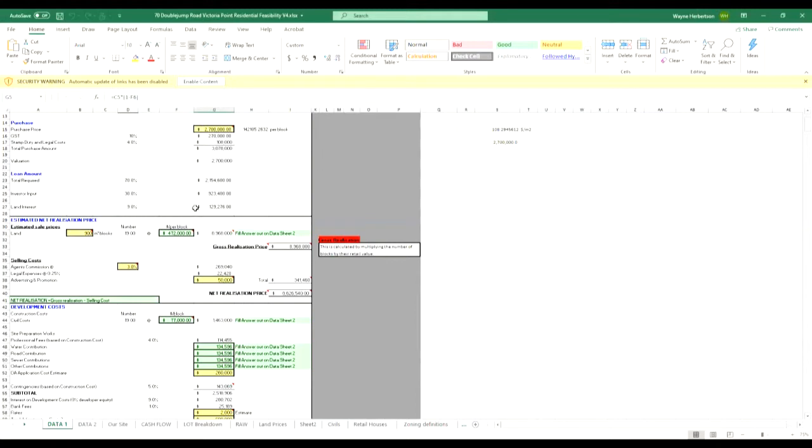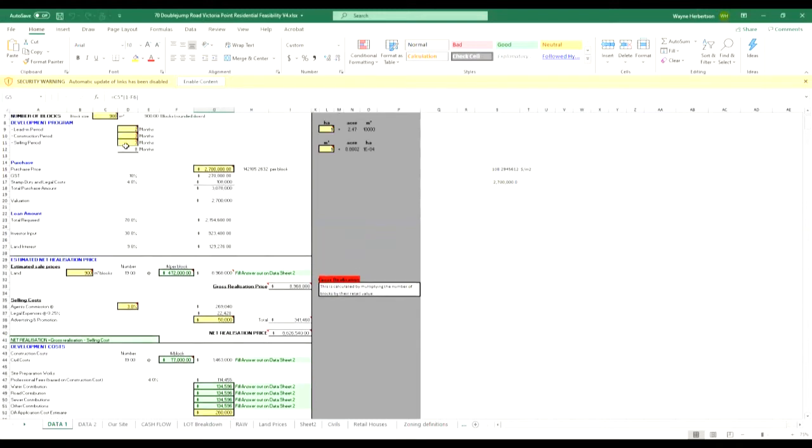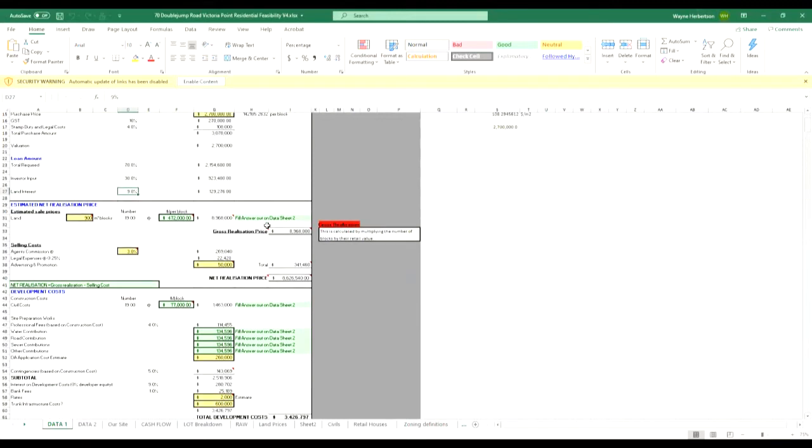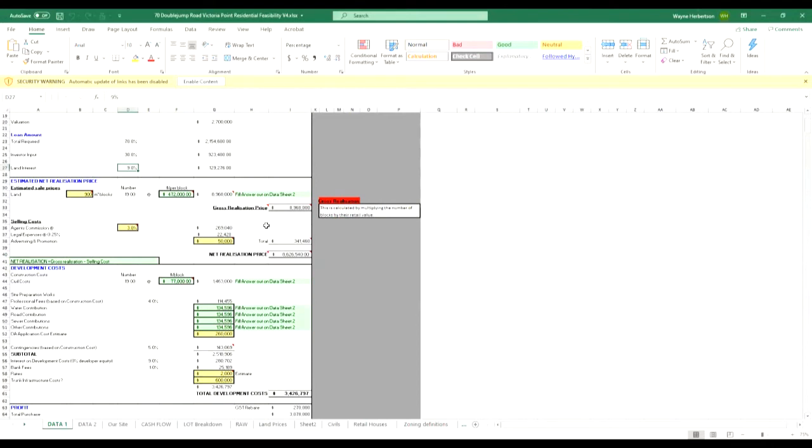And there's a little bit of land interest here because during that development period of 8 months, we're going to have paid the full amount of purchase price, and therefore we're going to have an interest bill of 129,000 based on a 9% interest rate, which is an elevated interest rate, but we'd rather be conservative because at the moment we're getting development interest rates around 5.5%, about half that, but I like to be conservative and put 9% in there just in case something happens in this ensuing period.